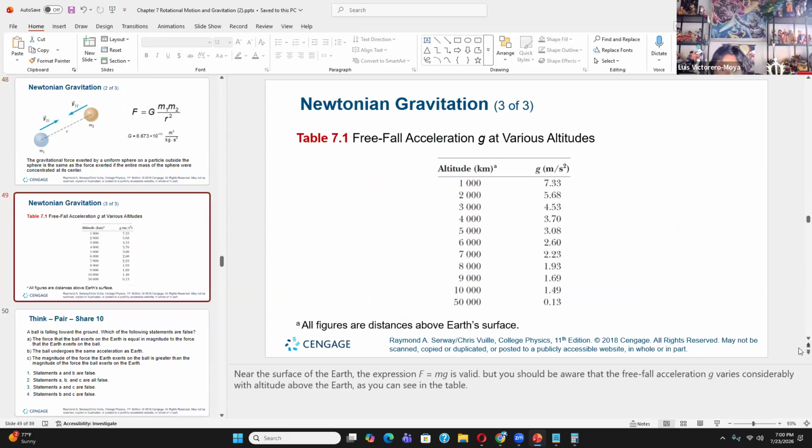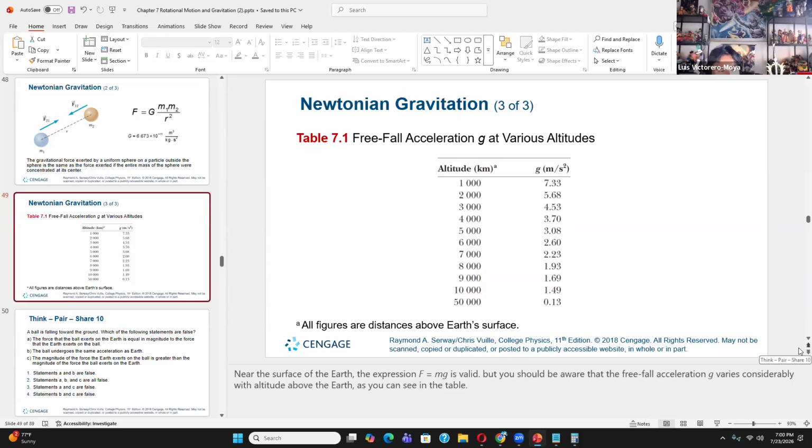Now, here is an example of free fall g at various altitudes. So you probably have heard that the farther you go from the Earth, the lower the value of gravity, right? The value of gravity, 9.8, 9.81, is when we're on the surface, and it becomes a little bit greater when we're at the equator, closer to the center of the Earth.